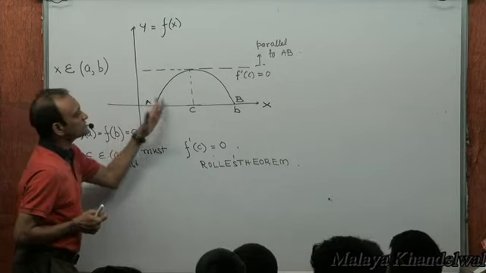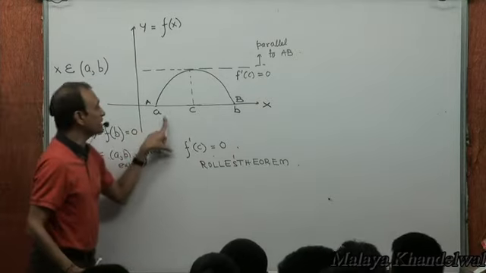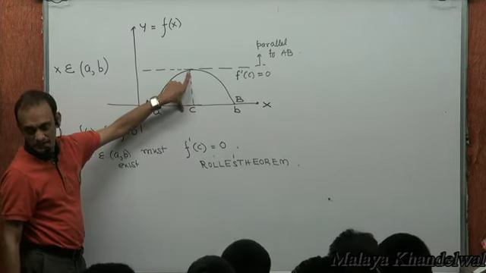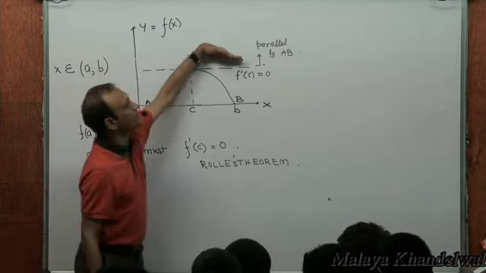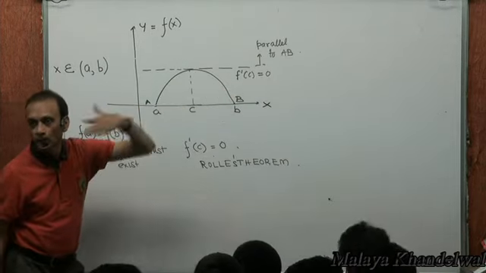So, if a function continuous and differentiable in an open interval a to b vanishes at the endpoints of the interval a to b, there must exist at least one point C, x equal to C, where the tangent will be parallel to the x-axis. That means f dash C would be 0.